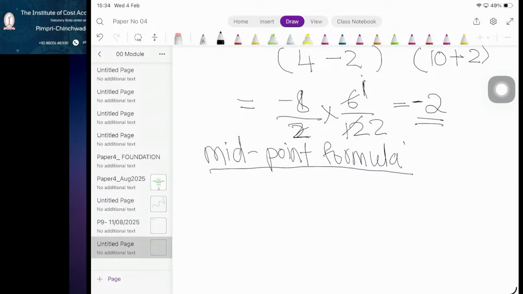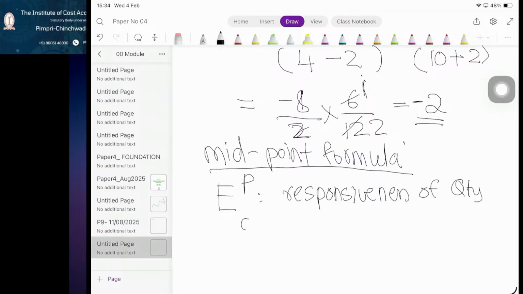Okay, what is the meaning of price elasticity? Price elasticity is the responsiveness of quantity demanded with price.